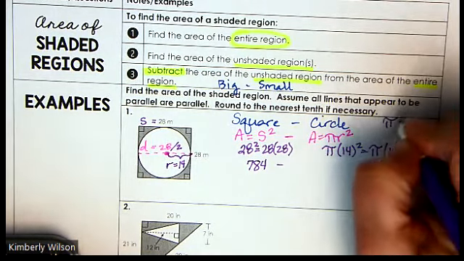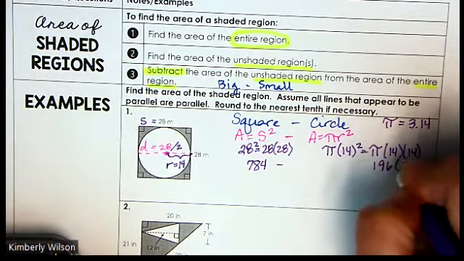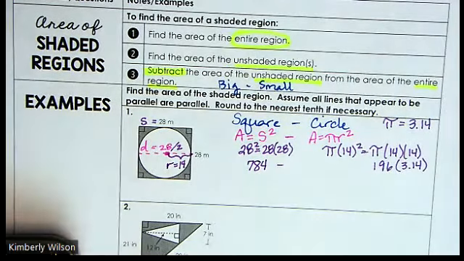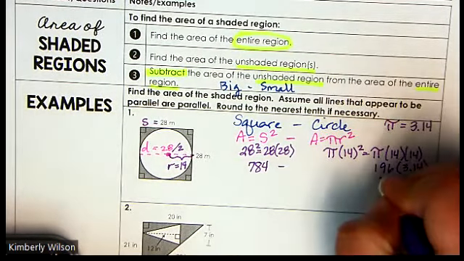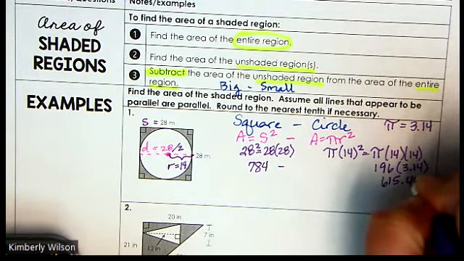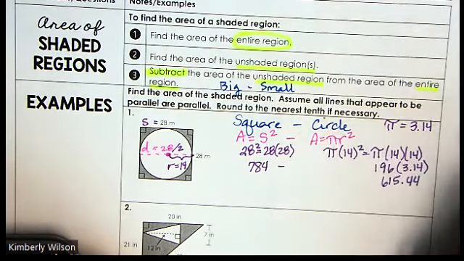Remember, for pi, we use 3.14. So I'm plugging in 3.14 for pi. So I do 196 times 3.14, and that gives me 615.44. So I come over here, that's the area of the circle.